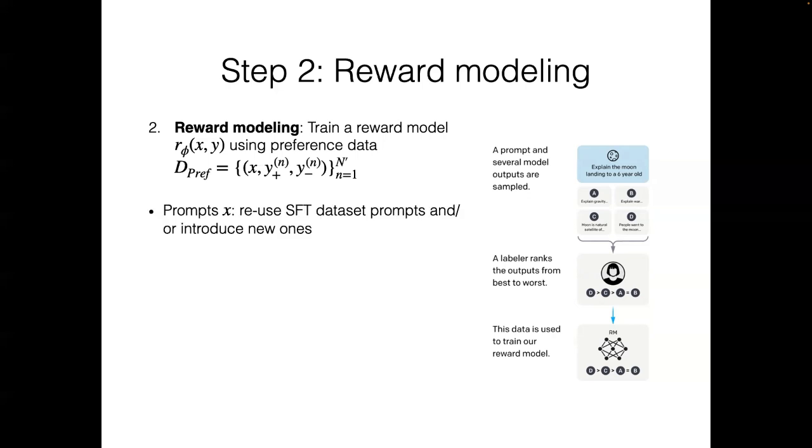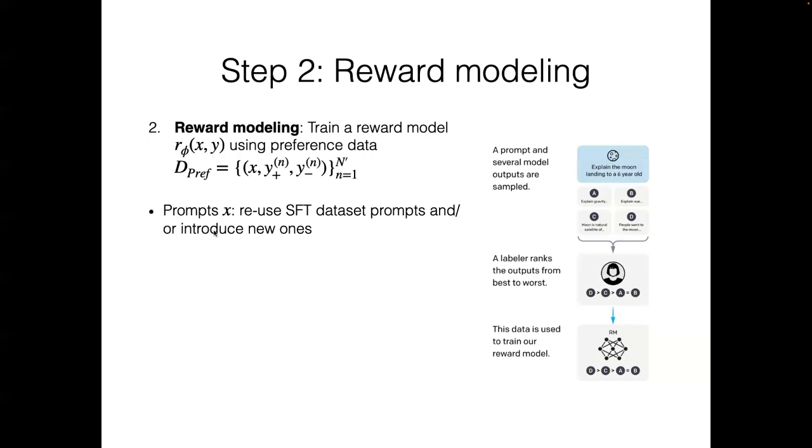So one strategy for getting the prompts: sometimes you just reuse the prompts from your SFT dataset. Sometimes people split the SFT dataset and save some for reward modeling. And then sometimes people introduce new prompts. So it's really a case-by-case basis.